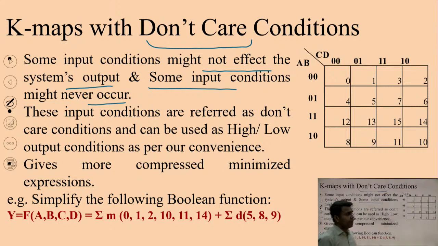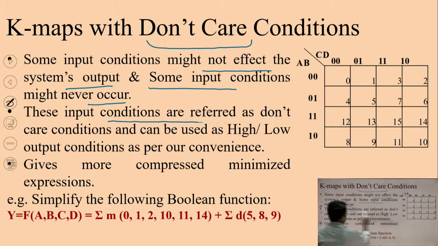If while preparing a truth table I know that a particular input condition, say A is equal to 0, B is equal to 1, C is equal to 1, D is equal to 0, any random condition, is never going to be applied in that particular system, then the output for that input condition would not be 1 or 0. We can refer to that as a don't care condition. That means I am not bothered about that input condition. Whatever the system performance is for this particular thing, I am okay with that.